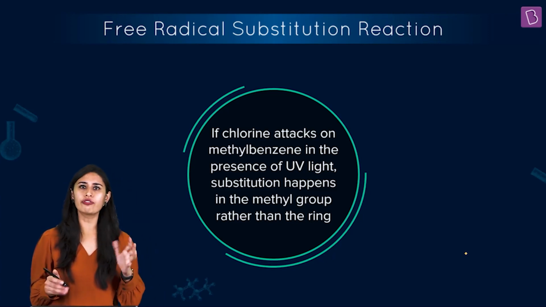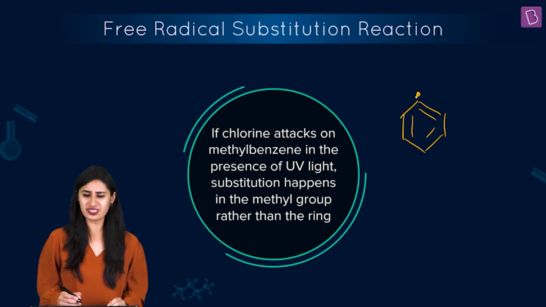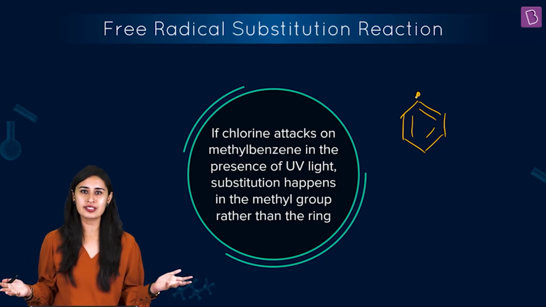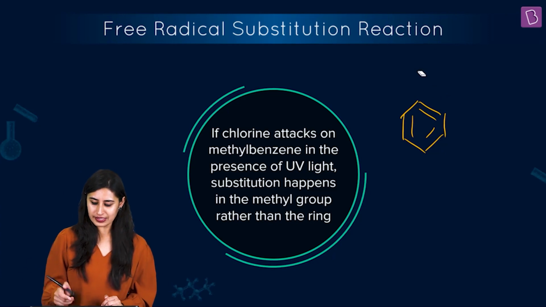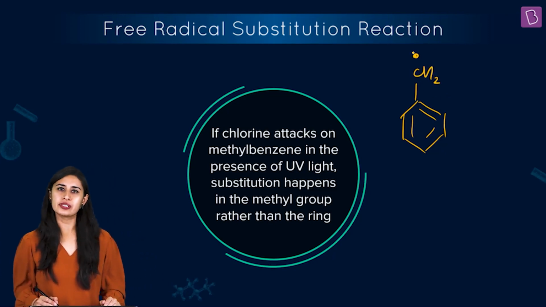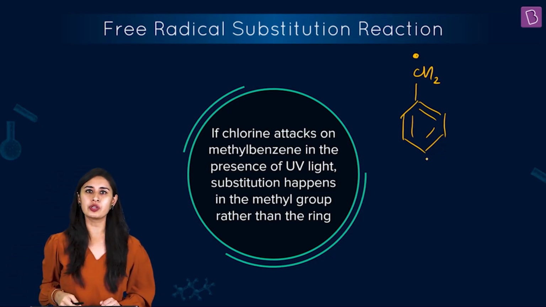So we need to think of the stability of the free radical. If you think of the free radical on benzene, it is going to be highly unstable, and everything is about stability. So what about this now? This is of course stable. This is relatively stable. So think in terms of stability and you will be directed towards the right answer.